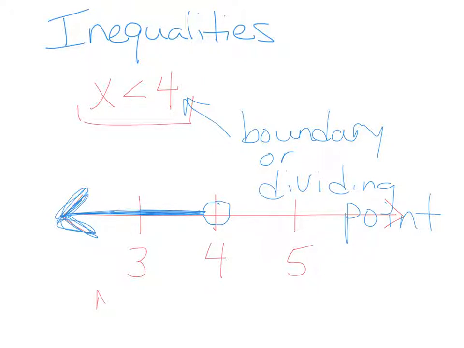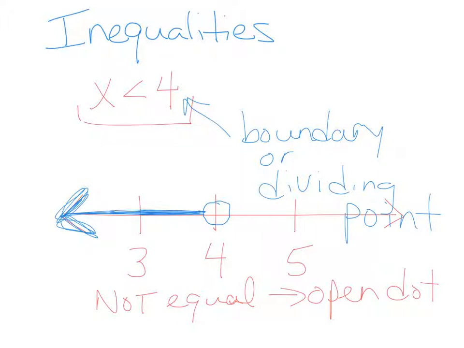So when it's not equal, you need an open dot, because it's kind of saying that is my fence or that is the edge, but I can't actually sit on that 4. It's kind of like I'm highlighting up into it and exaggerating that point, but I can't sit on it. So x is less than 4 is going to look like this with an open dot.